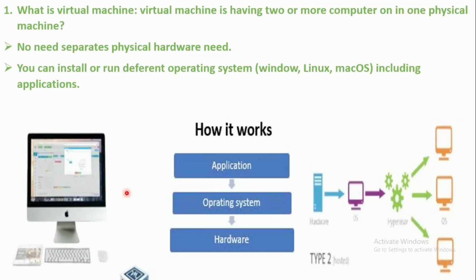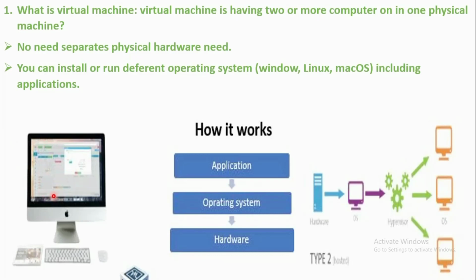Let's say for example here I have a Macintosh operating system or Apple computer, and in this computer I want to run Windows operating system or Linux operating system. In the normal way I cannot do this. I need to buy another computer installed with Windows 10 or Linux. But with the help of virtual machine we can do this.